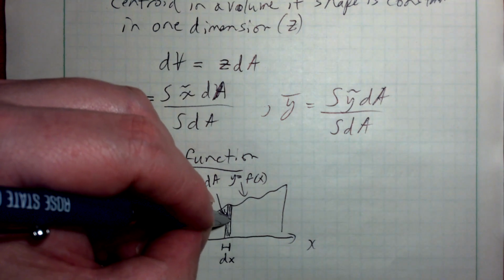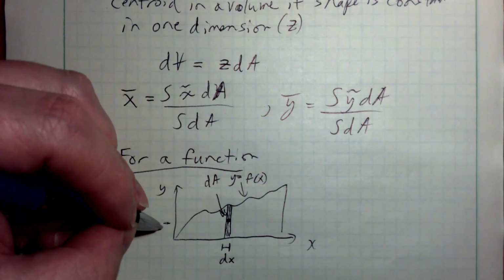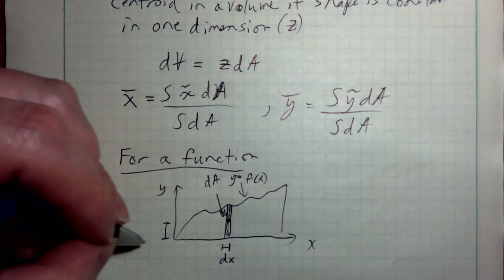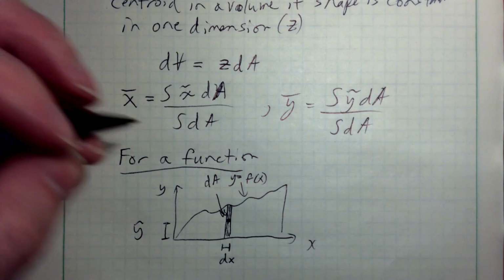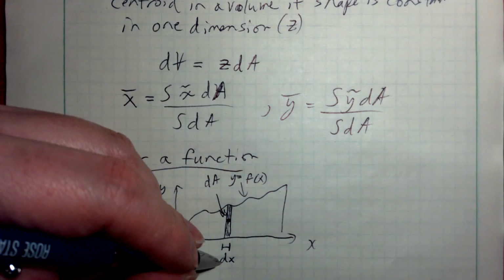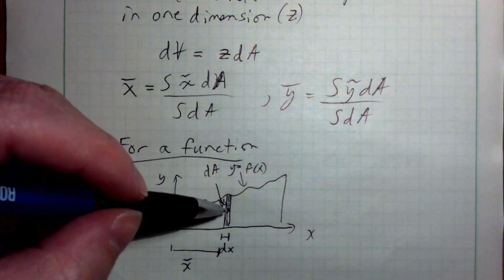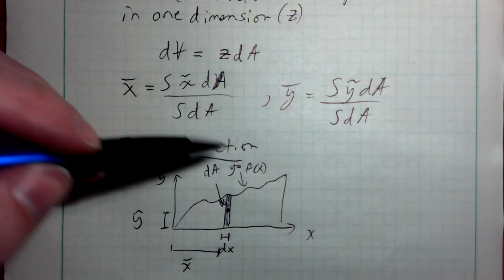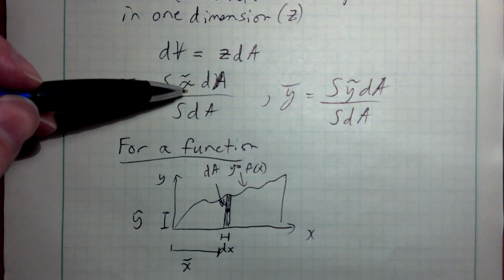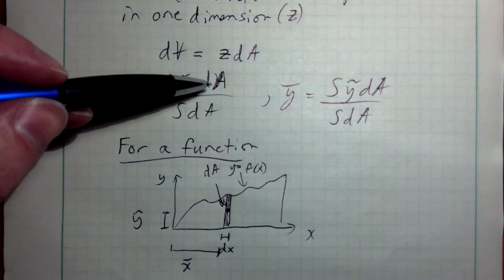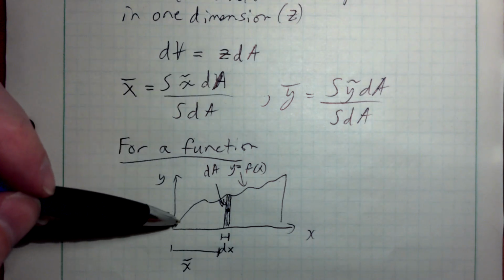Now this is going to have its own little center, its own y tilde and its own x tilde. That's going to be the location of the center of this little differential slice. And what we're saying here is I'm going to integrate the x bar for every little differential area, and I'm going to have a bunch of them.